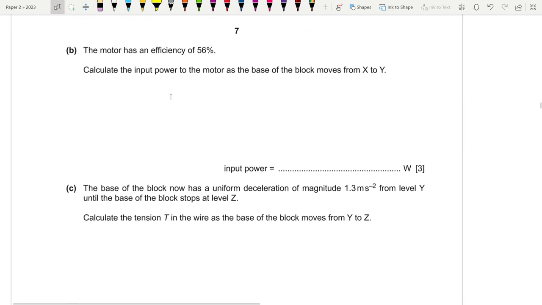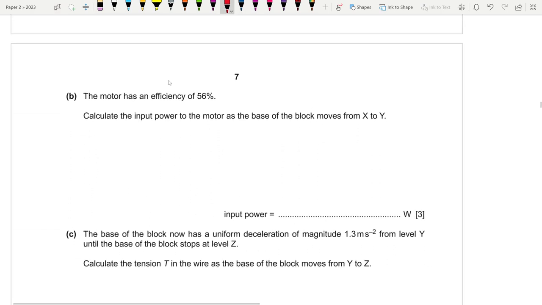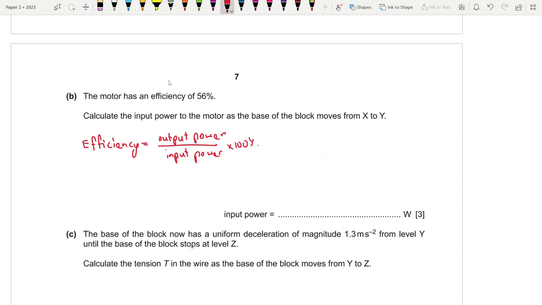So you have multiple ways to do this actually. You could also do this using P is equal to FV. That's also fine since you're moving at constant speed. So this is one way of doing this. Check this. So efficiency is equal to output power by input power into 100%. So 56 by 100 is equal to, what's the output power?